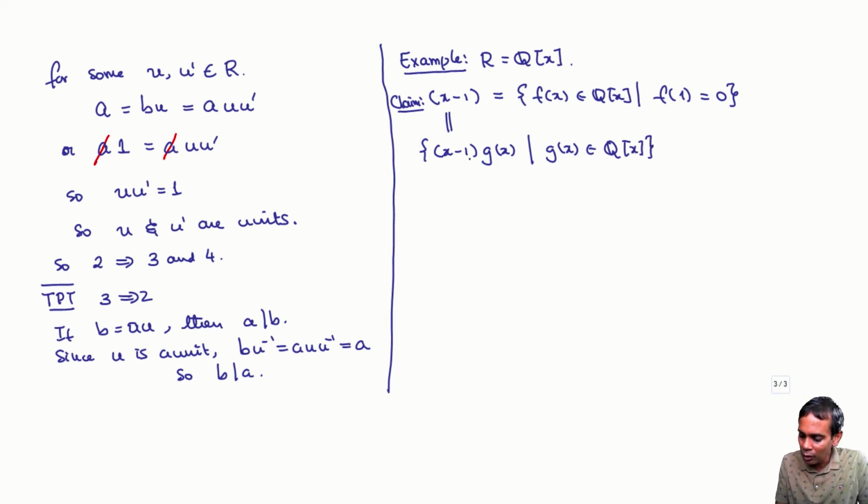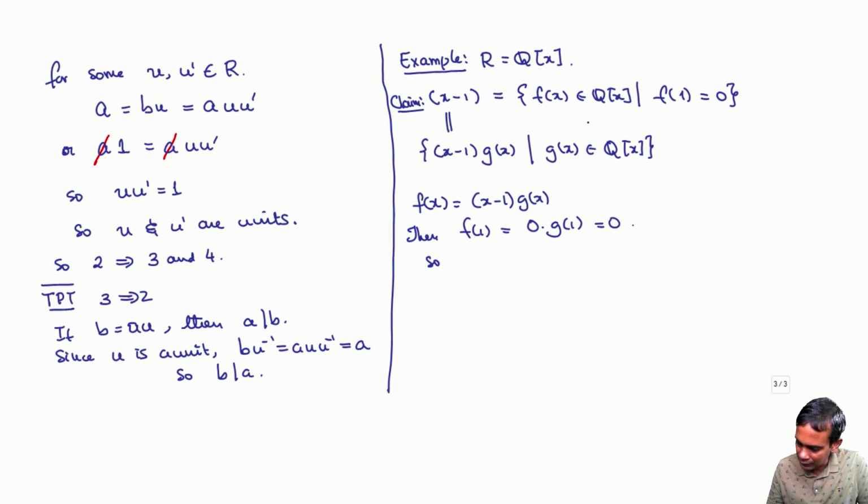But for any polynomial of this kind, if I take f(x) equals (x minus 1) times g(x), then f(1) is 0 times g(1), which is 0. So the left hand side is contained in the right hand side. More interesting is, why should any polynomial which vanishes at 1 be divisible by x minus 1?